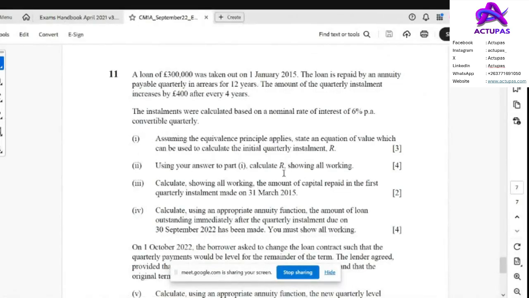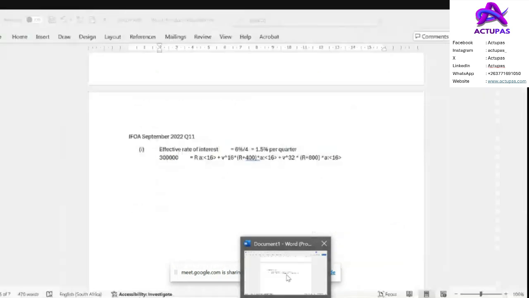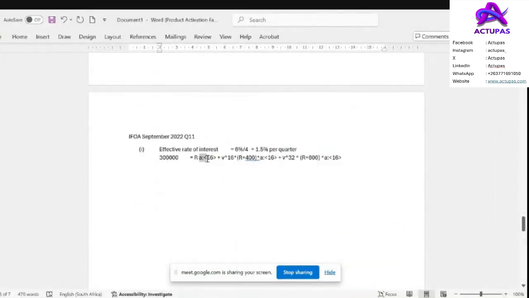Now, using your answer to part 1, calculate R showing all your workings. We now want to calculate R. And at 1.5% interest per quarter, we can find the value of a16 and your v's from the tables.